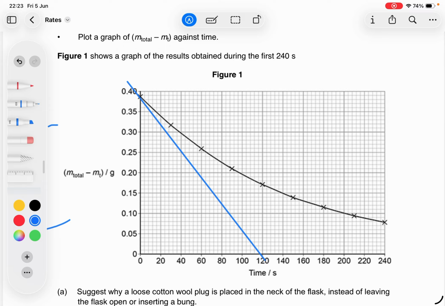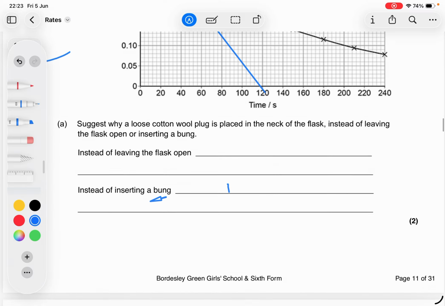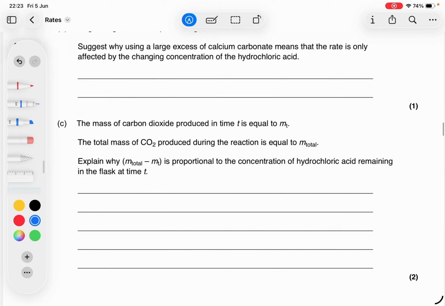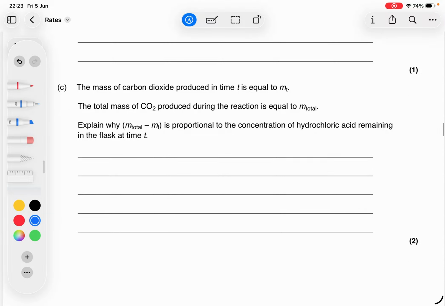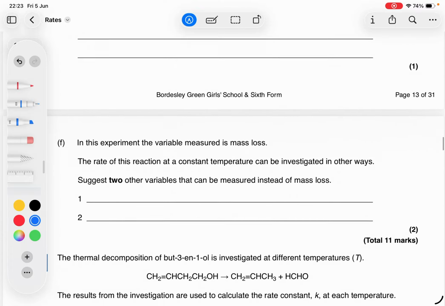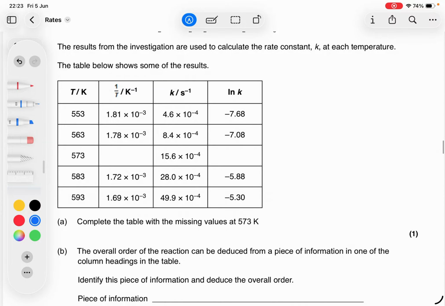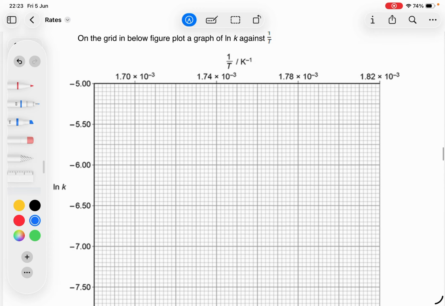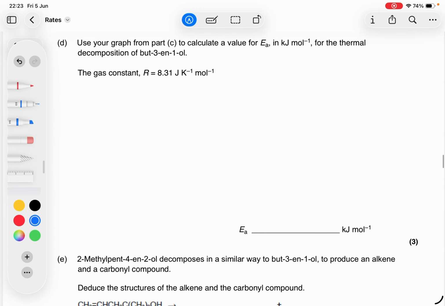There's a lot of variety of these questions, so my advice is to do as many of the past paper questions as you can. Another is an Arrhenius equation question.